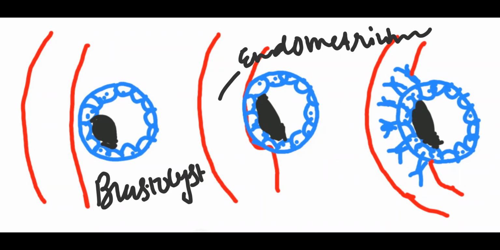And after being lodged into this, soon the trophoblast layer starts developing projections which will penetrate inside this wall of the uterus, like this.